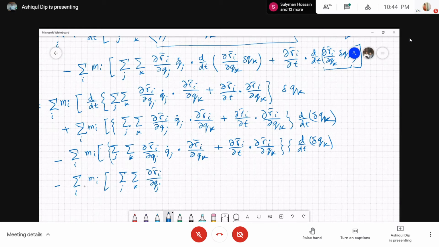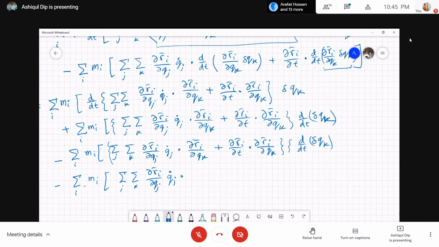Delta qj dot delta ri by delta qk. So now instead of delta ri by delta qk, we would have the derivative of that thing.